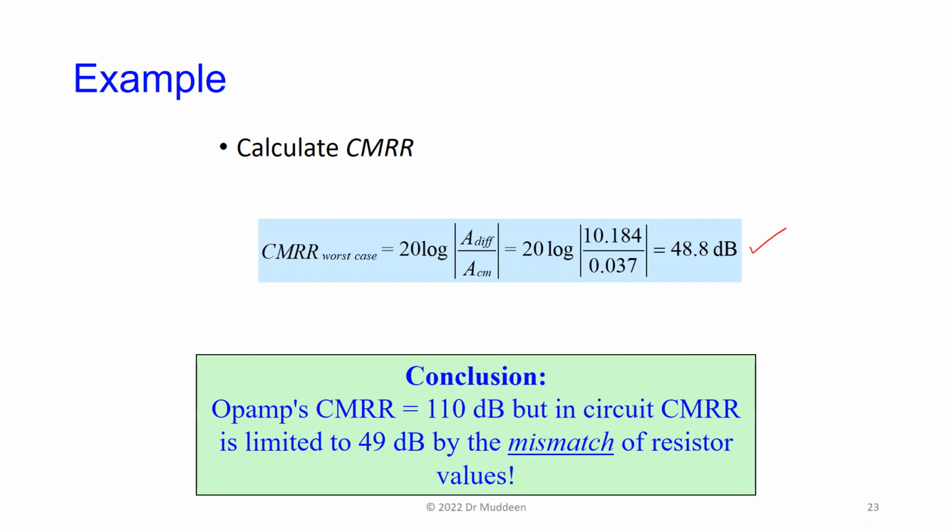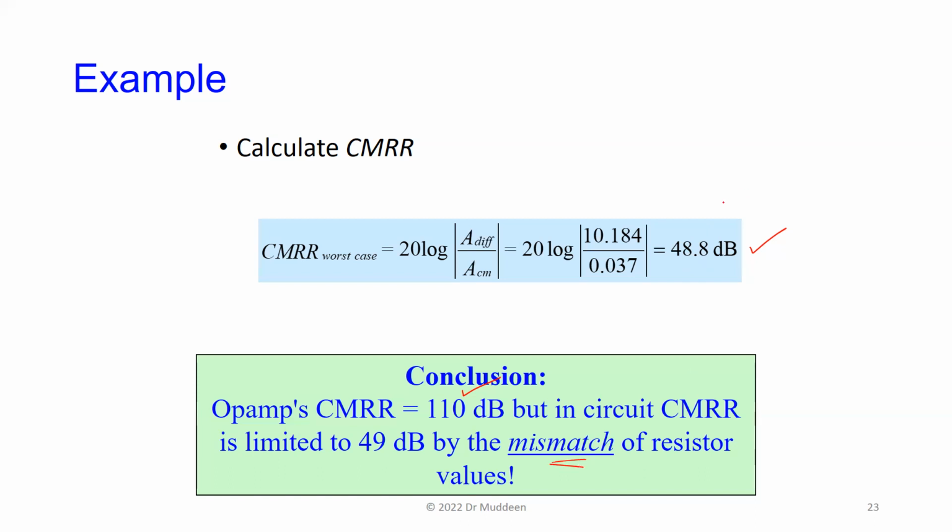Notice the op-amp, or presumably the design, was using the fact that the op-amp came with a common mode rejection ratio of 110. I put in 1% resistors, which are supposed to be fairly good matching resistors, and the common mode rejection ratio has gone down to approximately 49 by the mismatch of the resistor values.